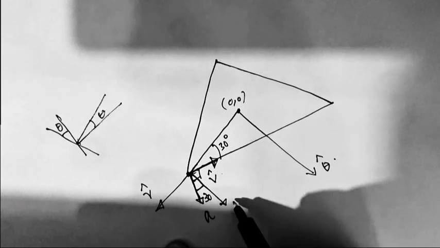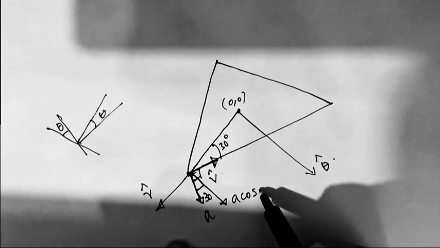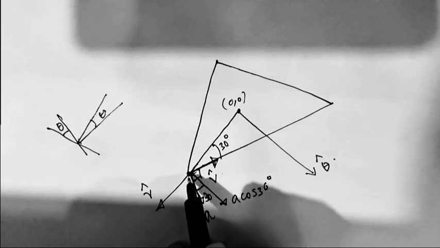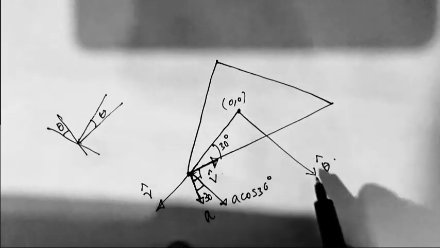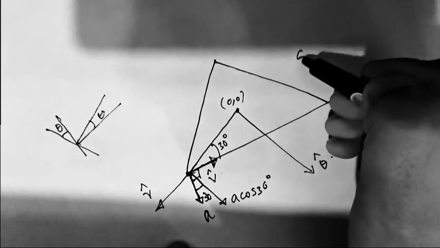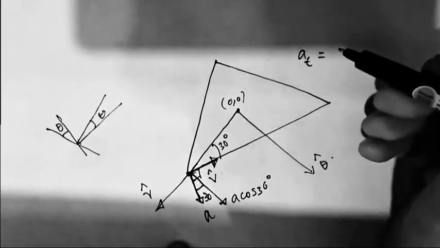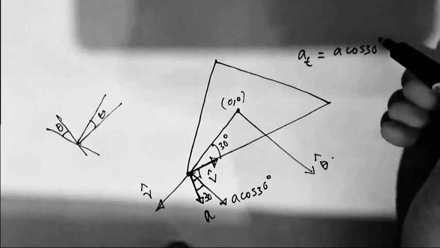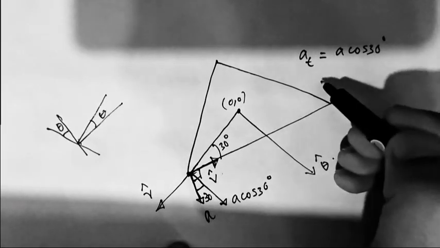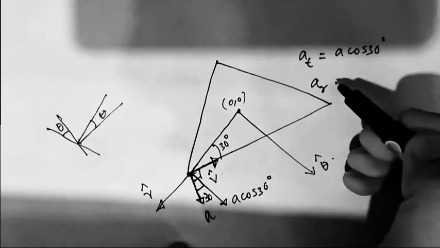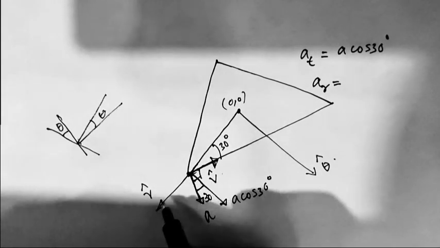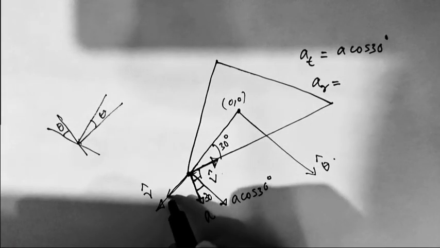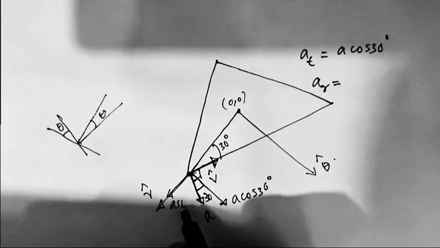So this is A. So this will be what? A cos 30, and that is your acceleration along theta cap, and that is your tangential acceleration. Tangential. Okay. So tangential acceleration will be A cos 30. A value I have already told you, substitute and get it yourself. And radial acceleration means along this one, and that will be your A sine 30, isn't it?